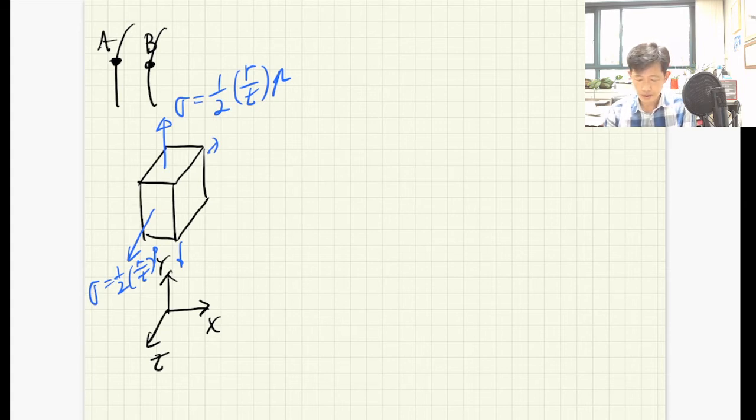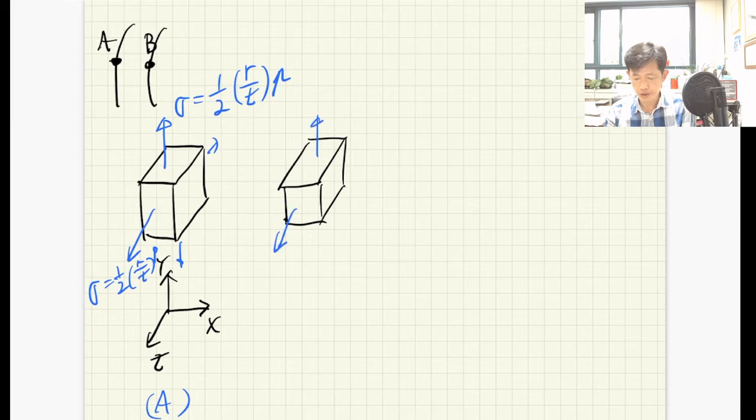This is what's happening at point A. And then let's check point B. If you look at point B, we have the same membrane normal stress, but here we have compressive stress in the x direction because point B is subjected to pressure P.